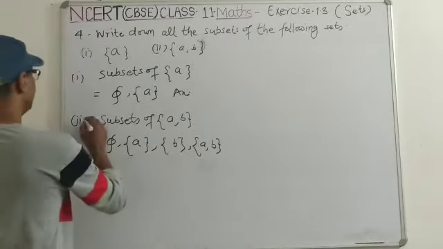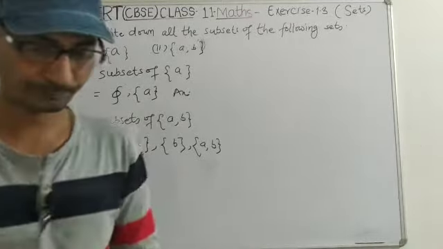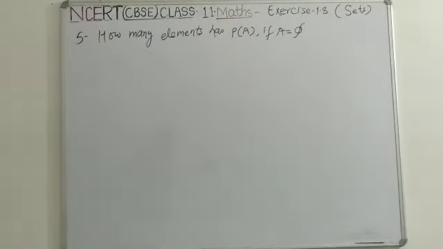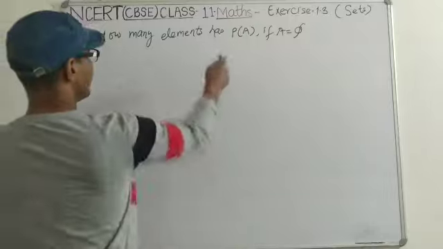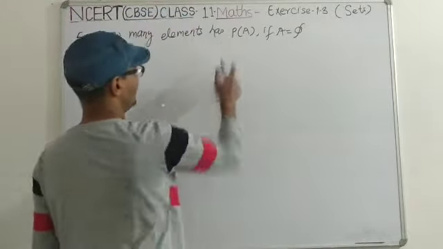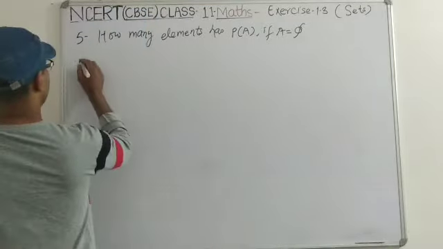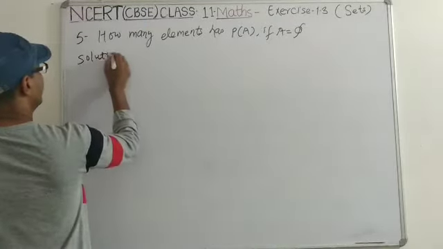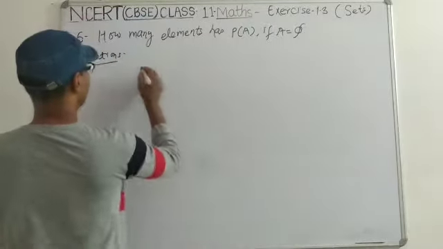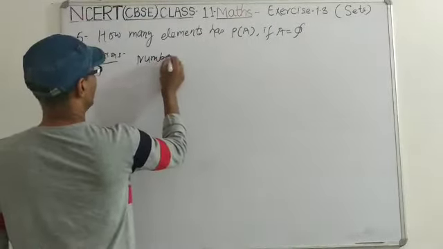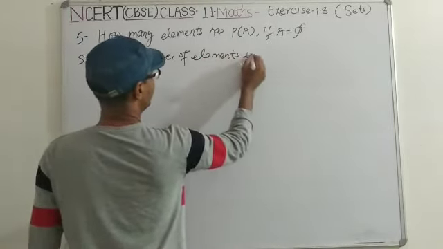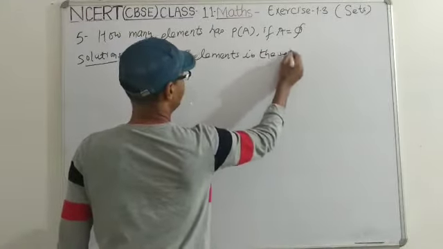Now the next question. Question 5 is: how many elements has P(A) if A is equal to phi? P(A) is the power set, P means power set. First we check the number of elements in the set.